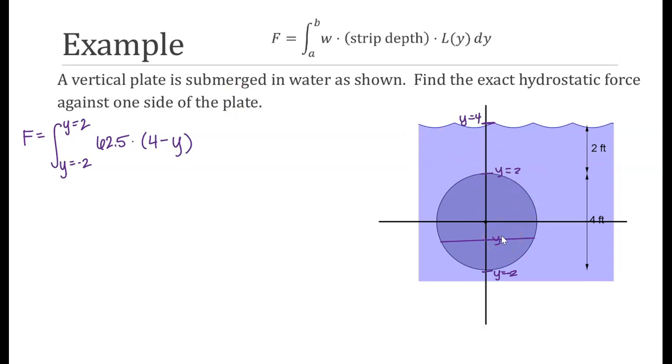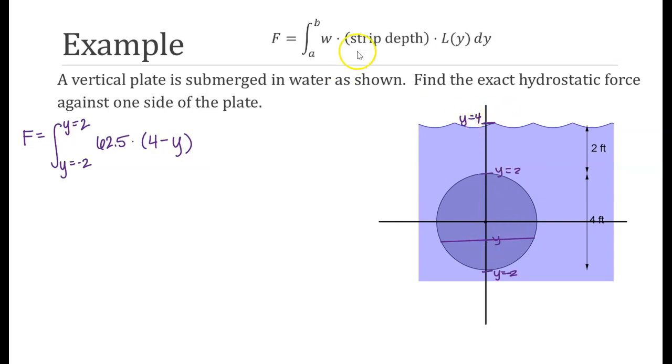If I say this y value is -1 right here, how deep is that strip? Well, we could see that it's 4 units plus an extra unit. If this is -1, that's a total of 5 units below the surface of the water. So does this function of y yield +5? Yes, if you plug in -1, 4 minus -1 would tell you that you're at a depth of 5.